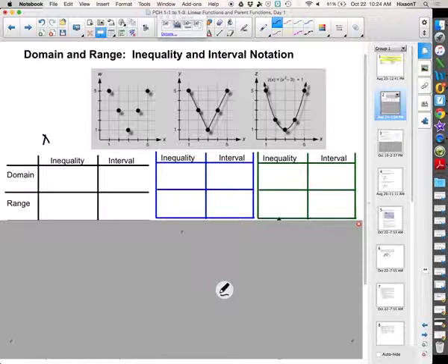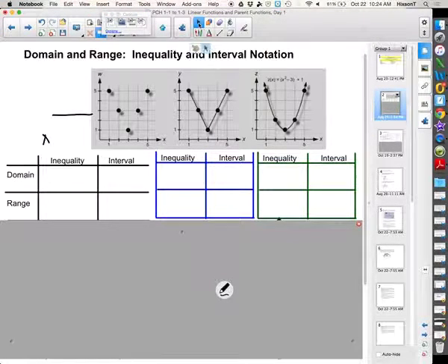All right, so we can't write an inequality per se for this one, okay? We have to use set notation because inequalities you would use when there's a range of values. Here we would say that x is simply an element of a set, all right?